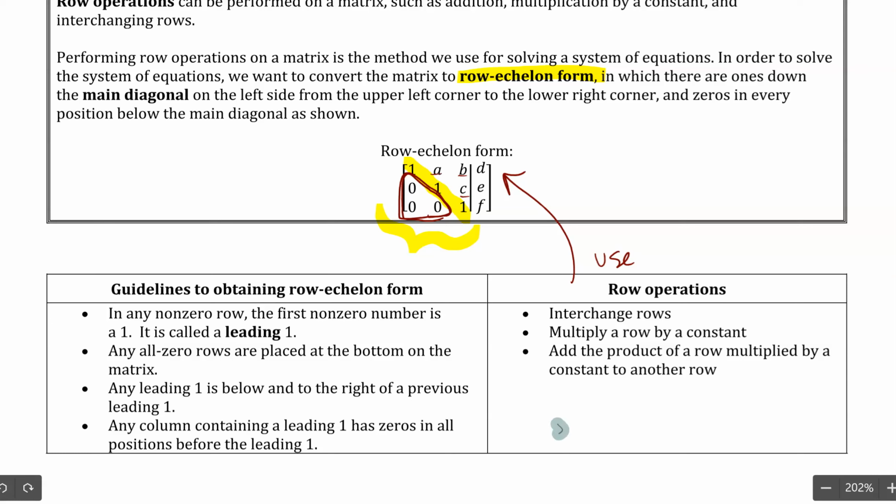We can multiply a row by some constant, so we could multiply the entire row, let's say by 2 or by -1. Or sometimes this is the most useful and it is the most difficult: we can multiply a row by a constant and add that to another row. We'll see that in action in just a minute.